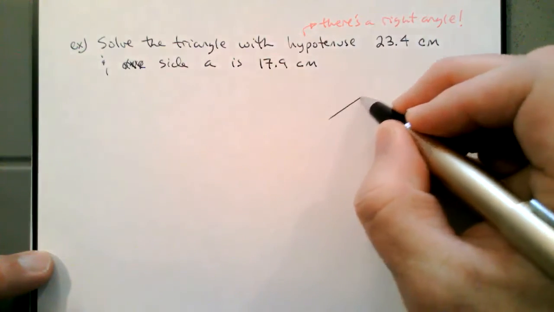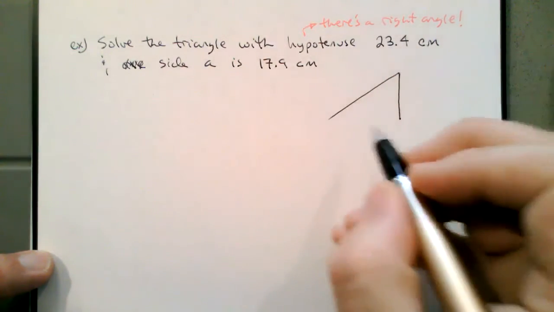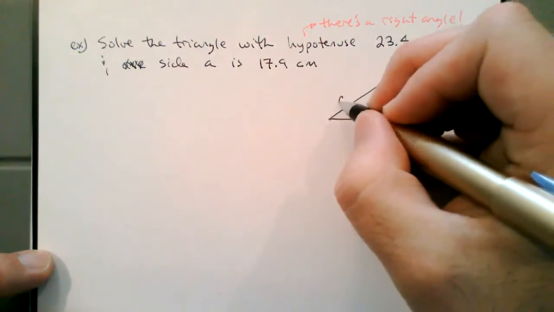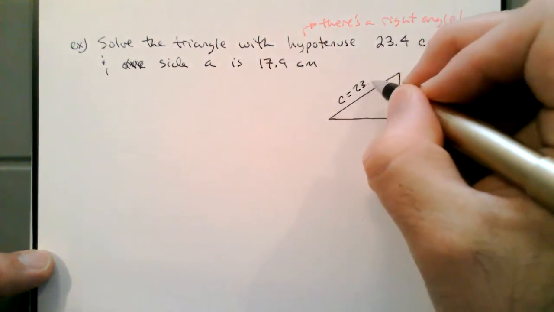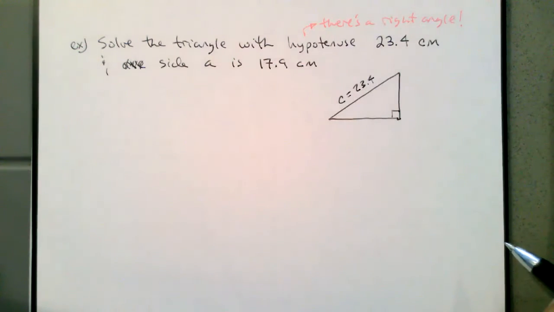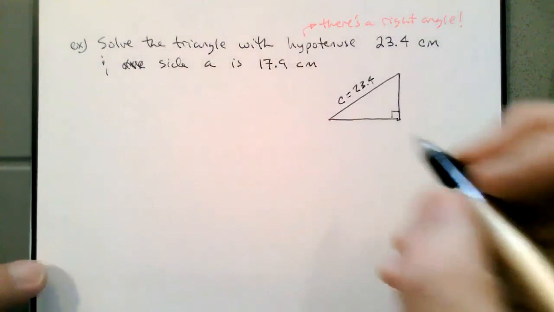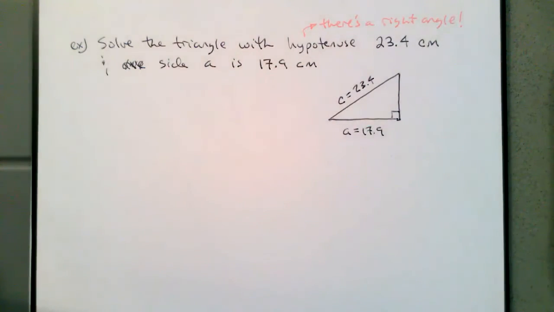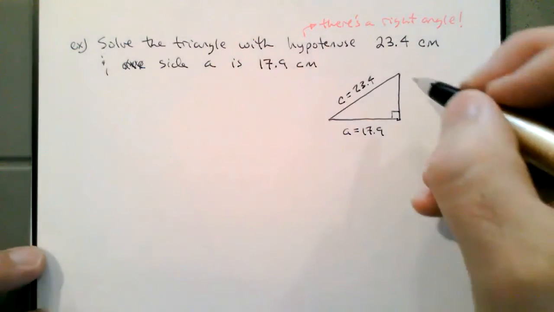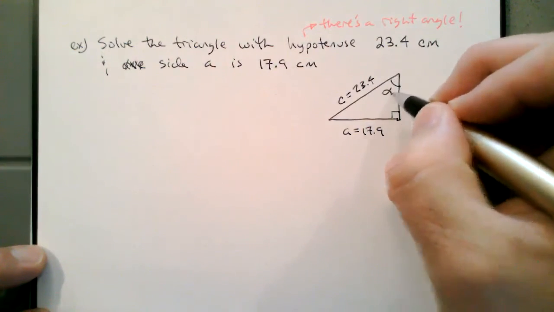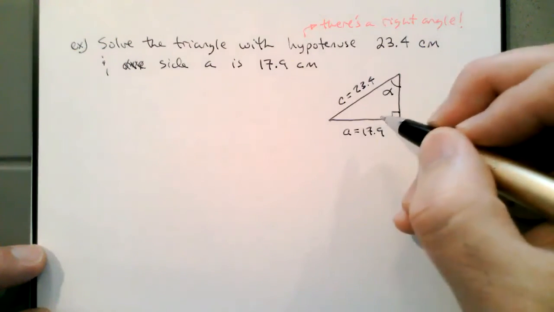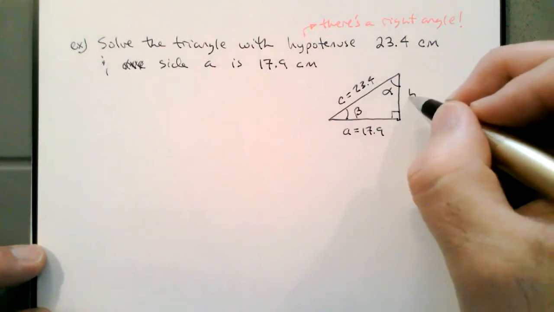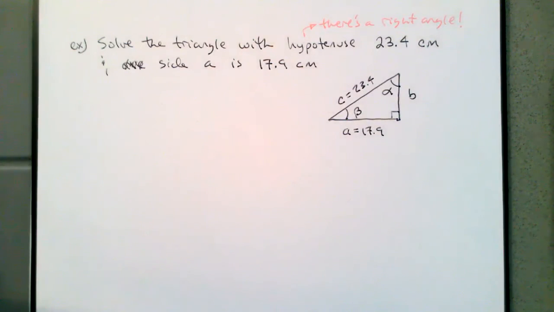So I'm just going to draw a generic triangle. Here's our right angle. That means our hypotenuse is going to be 23.4. And one of the sides is 17.9. So if I say A is 17.9 down here, just following the same triangle that I used above, that means angle alpha is going to be opposite the 17.9. That means angle beta will be the other angle, and that means side B will be adjacent to the angle alpha.